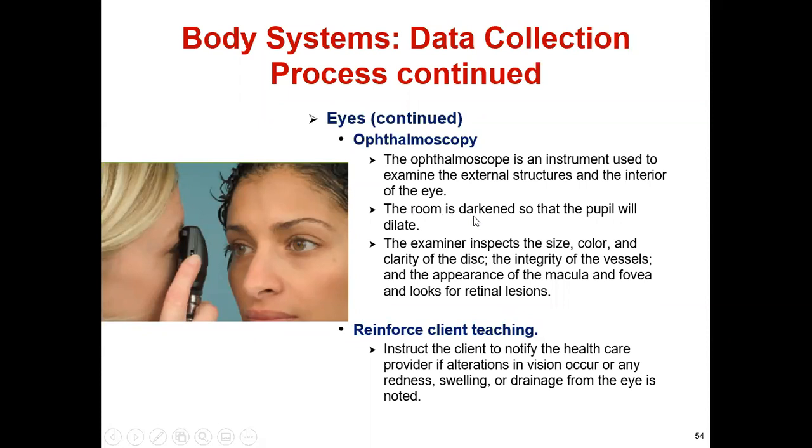The room is darkened so that the pupil will dilate. The examiner inspects the size, color, and clarity of the optic disc, also the integrity of the vessels and the appearance of the macula or fovea, and looks for any kind of retinal disorder.